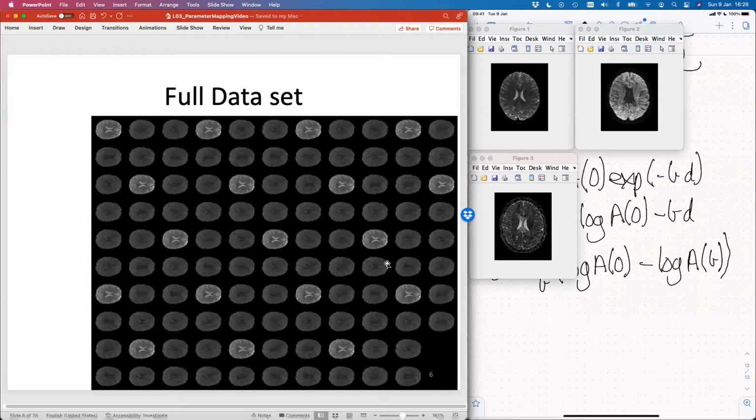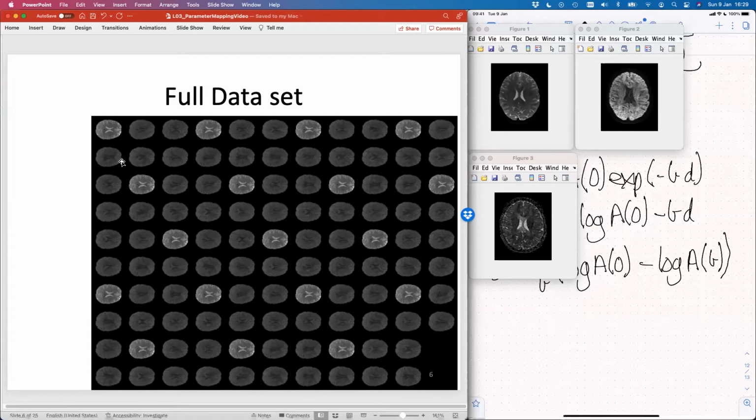Here is a picture of it. So this is just showing one slice, corresponding slice from each of the 108 images in that data set. And what you can see is that there are several bright ones but a larger number of these darker ones.